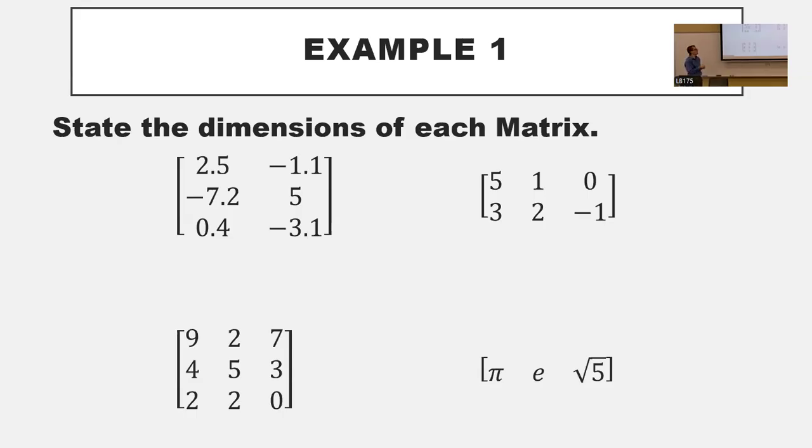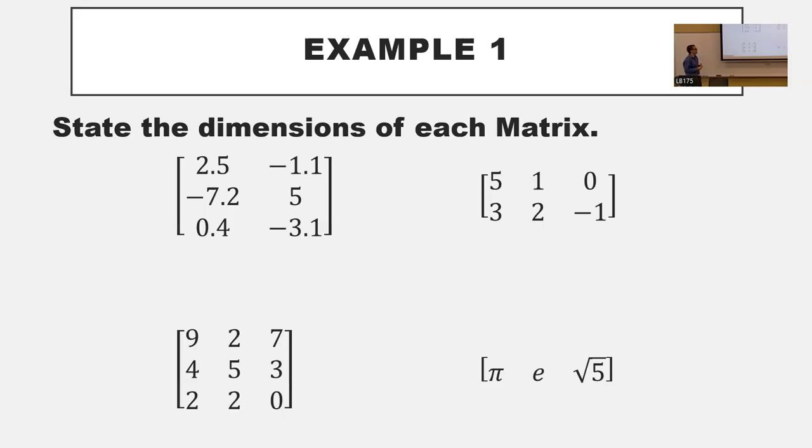The upper right-hand matrix has 2 rows and 3 columns. So it is 2 by 3. We can see that 3 by 2 is not the same thing as 2 by 3. Obviously. So 3 by 2 on the upper left, 2 by 3 on the upper right.